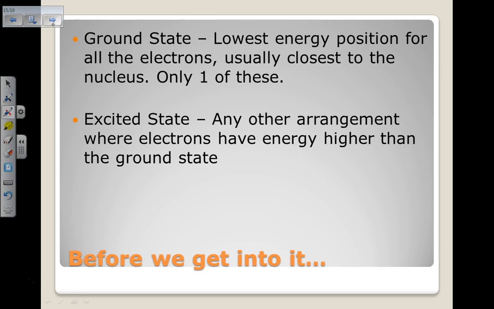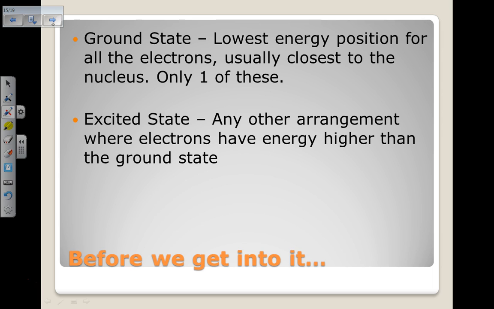We need to know what the ground state is. The ground state is when the electrons are arranged in the lowest possible energy position. Typically in most atoms, an electron is in the ground state when the electrons are closest to the nucleus.